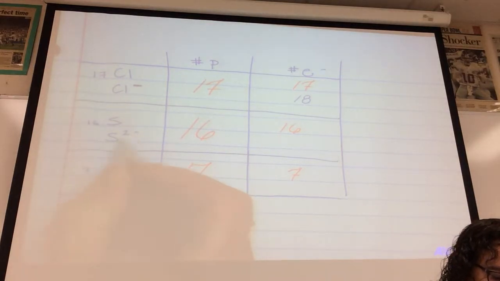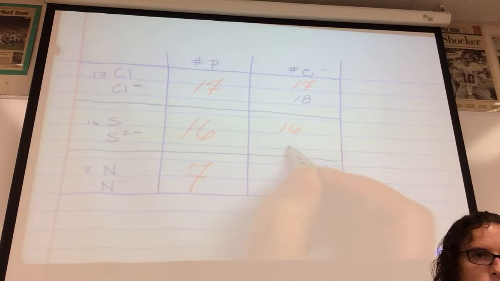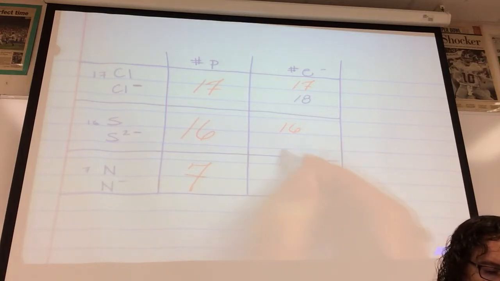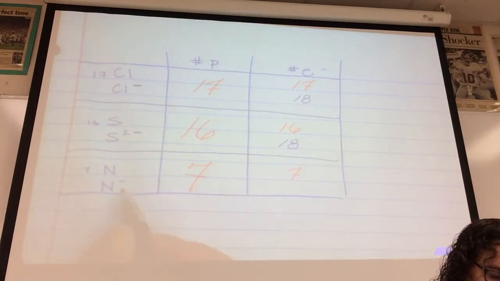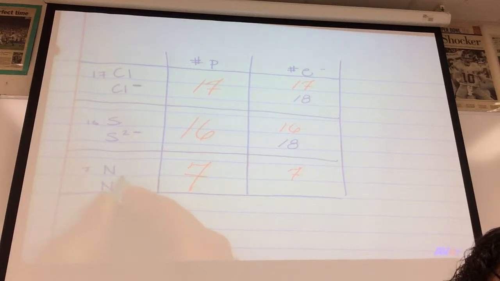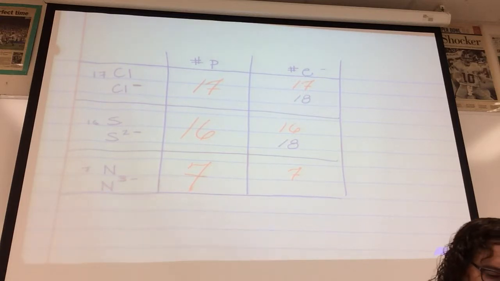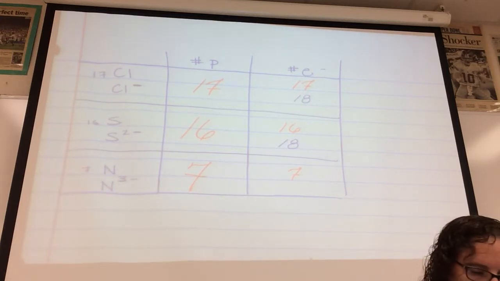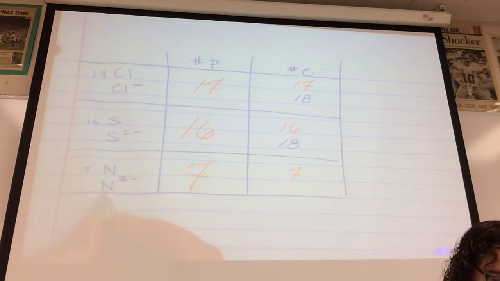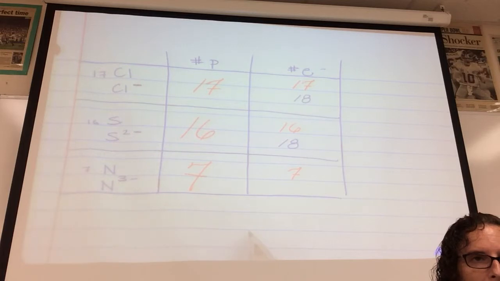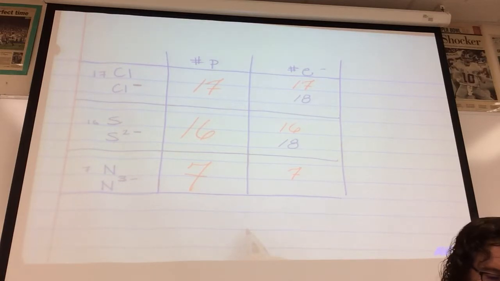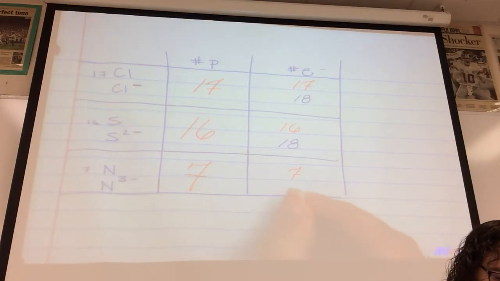For the sulfide ion, you have gain 2, so how many electrons would you have? 18. And this means, I wrote this incorrectly. This should be 3 minus here. I was sloppy. It's written correctly in your notes. This is a nitride ion, so it has gained how many? 3. And now has? And let's look at the charge in this one.